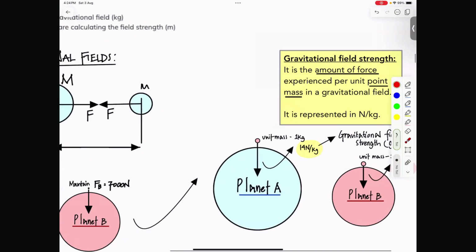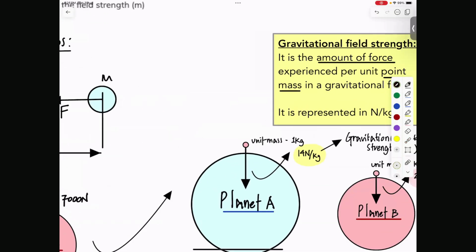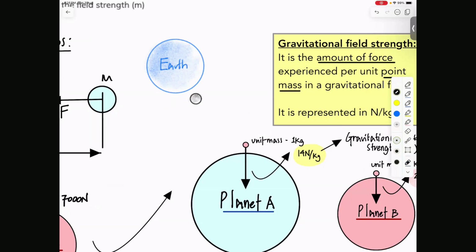And you guys have learned this very well. It was in O levels, let me give a little recap. O level might seem like a very long time back, but you have to remember these things. So let me give you some examples. So this is your Earth. And you have your Moon.